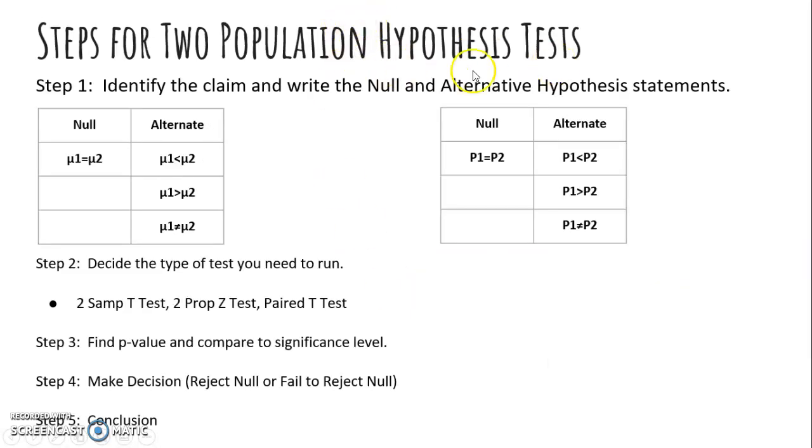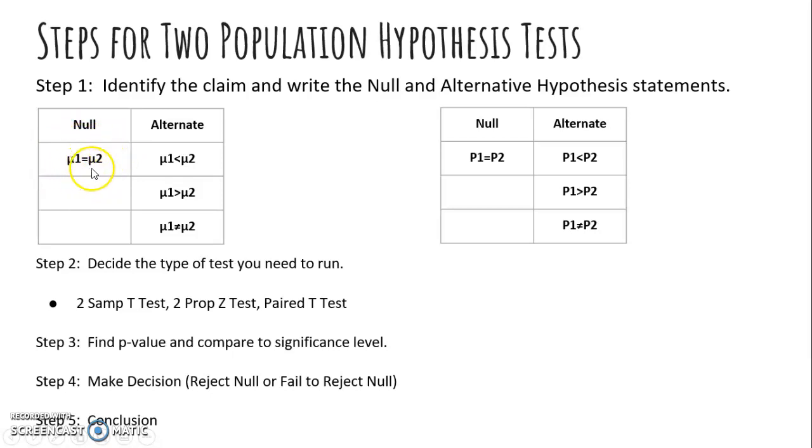Okay, so here are the steps. As I said, everything's pretty much the same. A couple differences. The way we write our null and our alternate hypothesis statements has changed slightly. Now, we're still going to have an equal sign for the null. So the difference is, instead of saying the mean equals some number, say the mean is supposed to equal 20 ounces, we're going to assume that there's no difference between the population mean for the first population and the population mean for the second population.